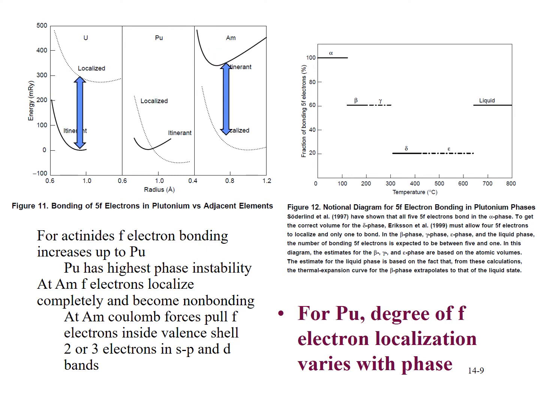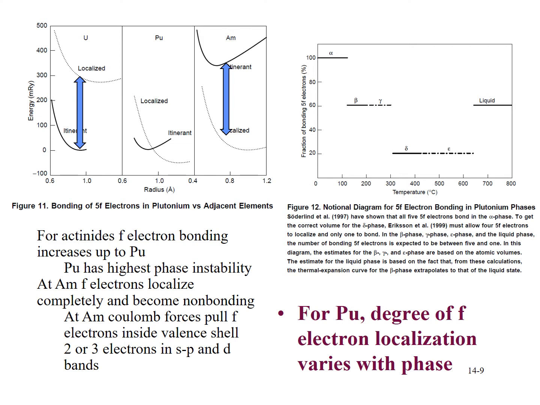We can see that there's a relatively large gap between the delocalized and localized nature in uranium, localized and delocalized nature in americium, and we get a mixing of the localized and delocalized behavior in plutonium.